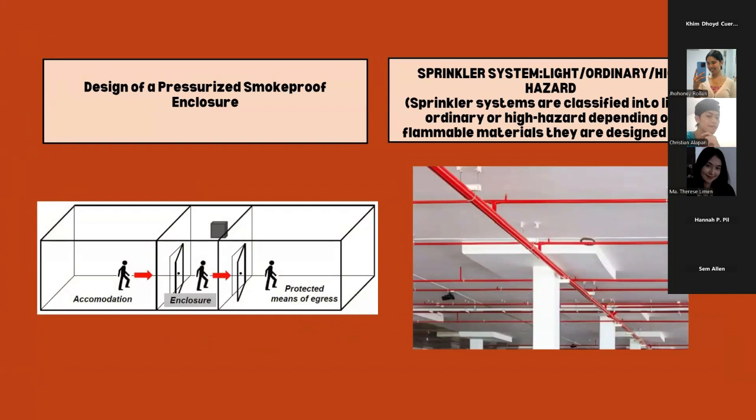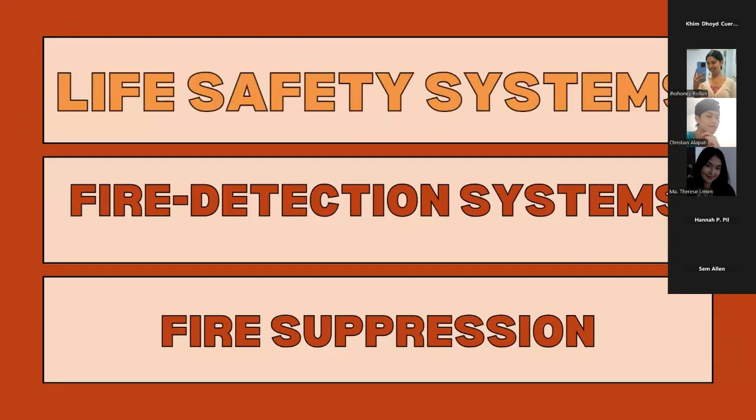Fire detection system includes electronic heat and smoke detectors that can activate audible alarms and automatically notify local fire departments. And we also have the fire suppression. These are hand-operated fire extinguishers, and often building sprinkler systems are provided. Next slide.